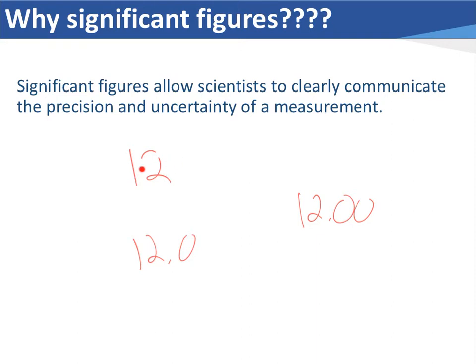To two significant figures, this is 12, but the measurement only has that level of precision. Here, my measuring device maybe is a scale that goes 2 places past the decimal, and it read exactly 12.00. I say exactly 12.00, but I don't need any more zeros after that because the measuring device didn't give those to me. So even though our calculator says these are the same, they are not the same as measurements, and significant figures allow us to make that determination.